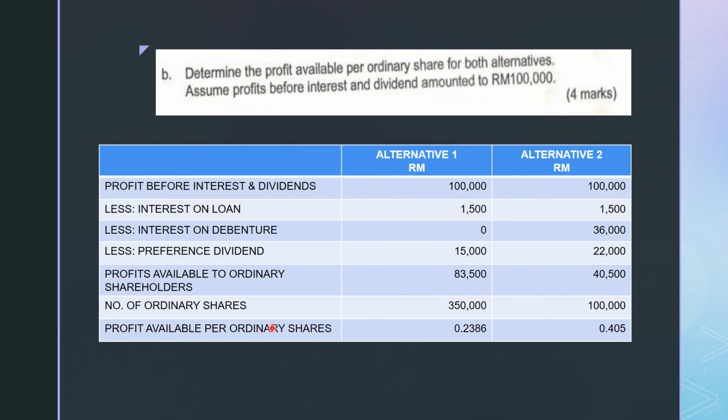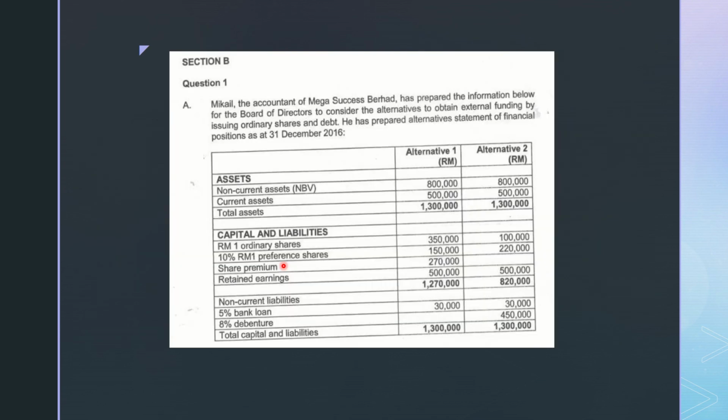And then in order to get the profit available per ordinary share, you need to divide the profit available to ordinary shareholders by the number of ordinary shares. The number of ordinary shares is not given in the question, but what we have in the statement of financial position are the total amount of shares and also the par value of the share.